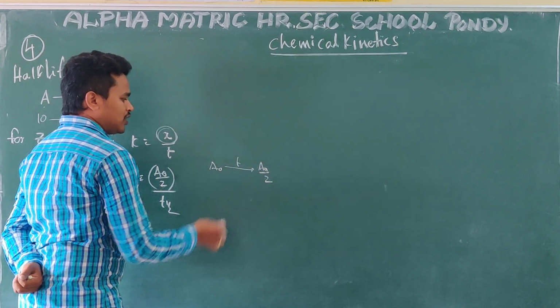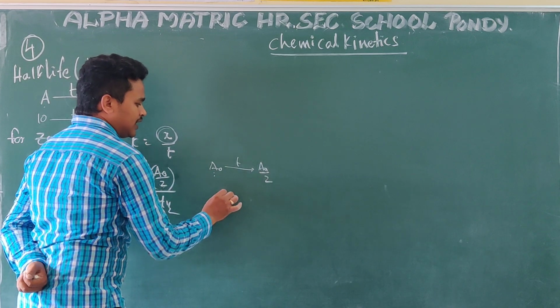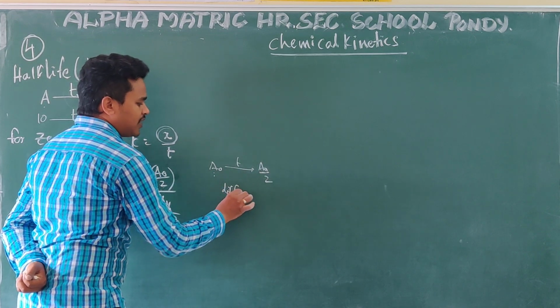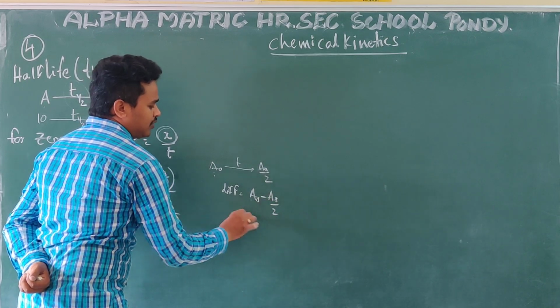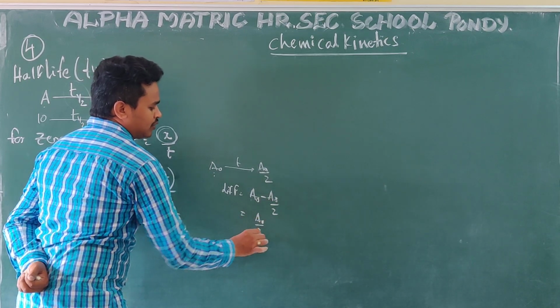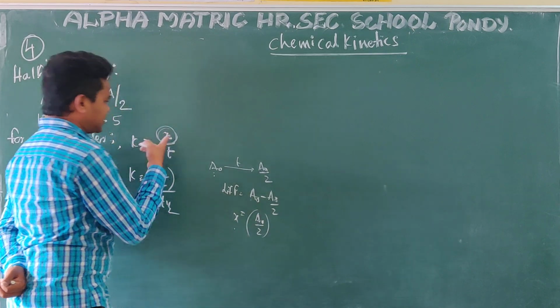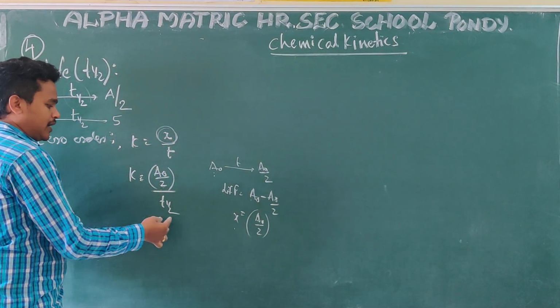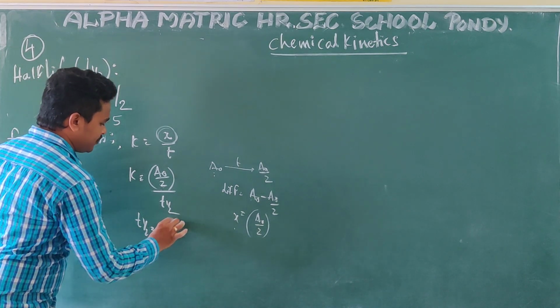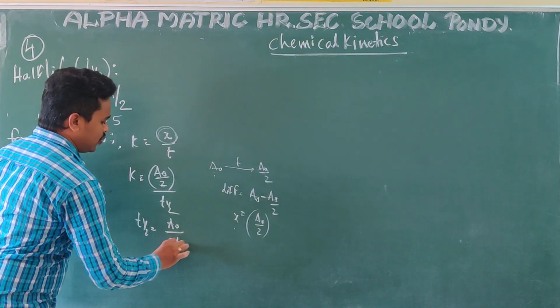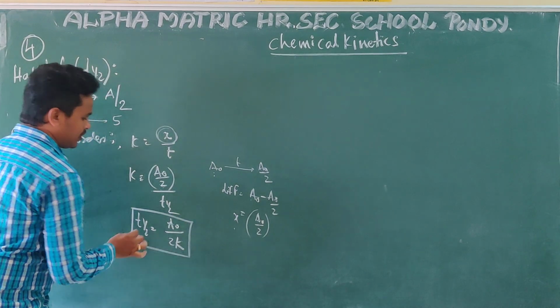This is the time required. The difference between initial and final is A naught by 2, which is nothing but x. That's why I write A naught by 2 for T half. So T half is equal to A naught by 2k.